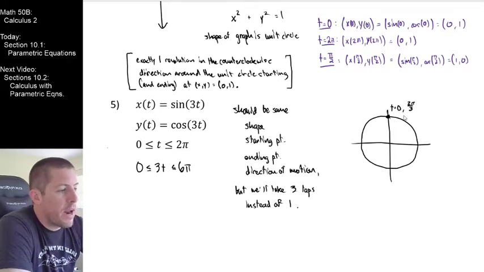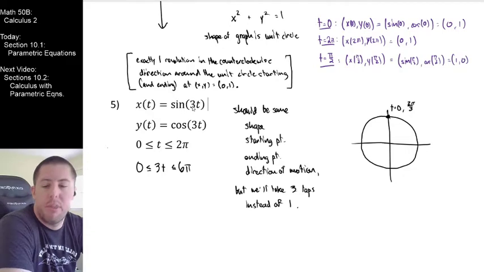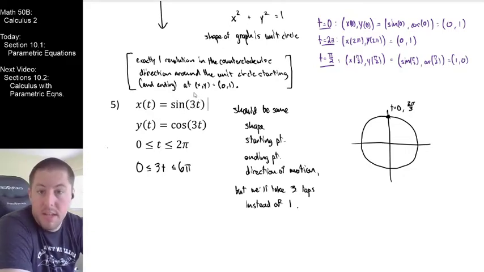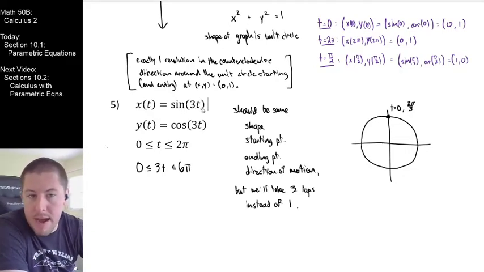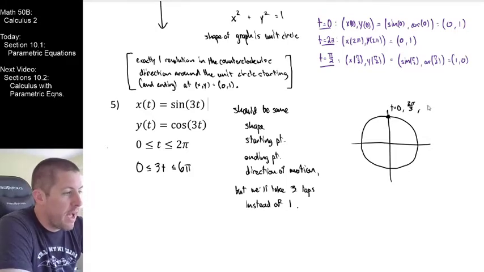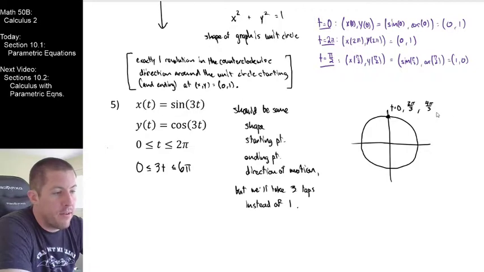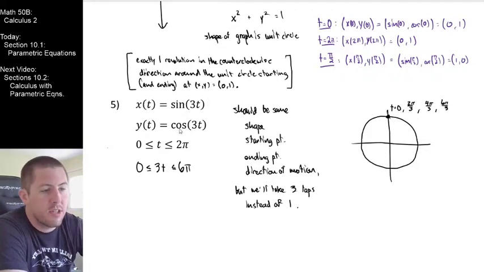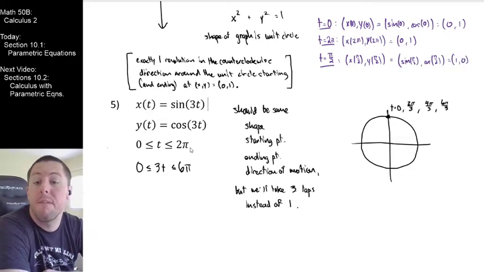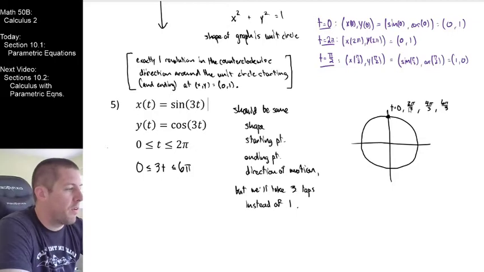And you should notice that when I plug in 2 pi thirds here, 3 times 2 pi thirds is just 2 pi, which has brought us back to where we started. Similarly, at 4 pi thirds, that's just like having taken our next lap around right there. And finally, at 6 pi thirds is just the same thing as 2 pi. So that's the 4th time that we'll hit that spot, completing our 3rd lap around this thing right here.